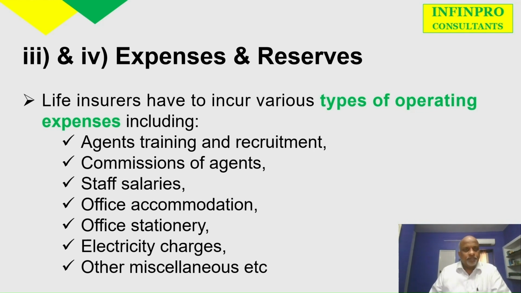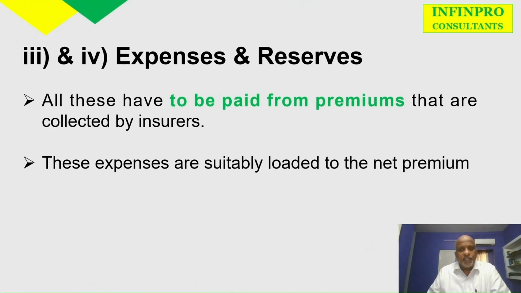The cost spent towards rent of office accommodation, stationery, electricity, and many other miscellaneous charges to run a full-fledged company. All these costs will come under operating expenses. All these have to be added towards the expenses and reserves.